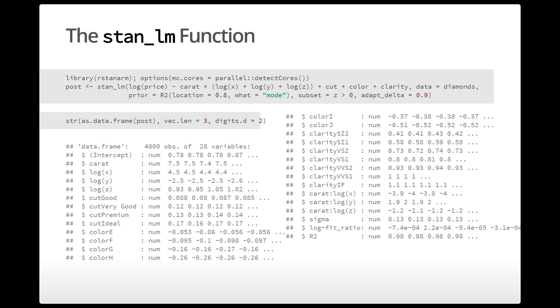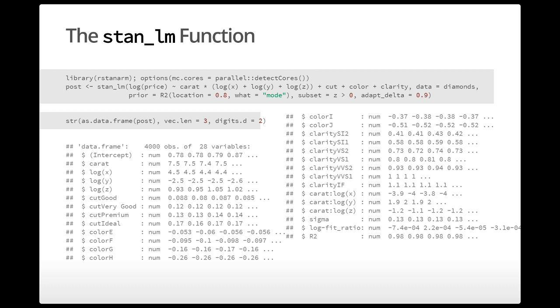In the formula, you can take the logarithm of price, provided all of those are positive. You can use the asterisk to create interactions between the carat variable and the logarithm of each of the width, height, and depth, etc. And then the factors for cut, color, and clarity just come in additively. They're going to get made into dummy variables.